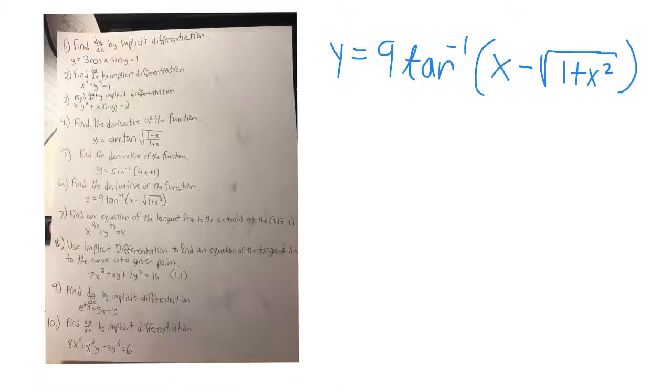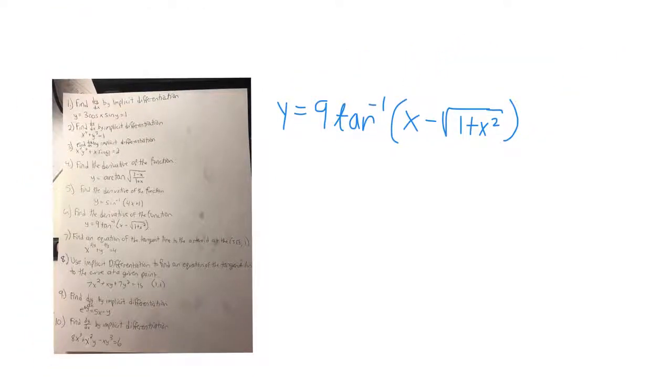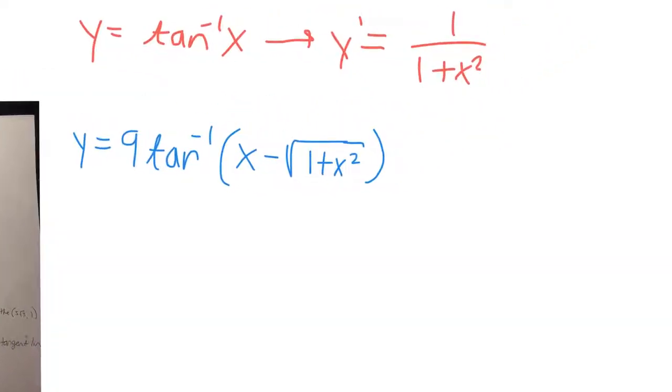So first of all, let's once again get clear that the derivative of arctan, which is this tan to the negative 1, all right, I'll write it that way. Derivative of arctan is going to be 1 over 1 plus x squared. So we are going to do that to this. It's clearly going to be a chain rule scenario.